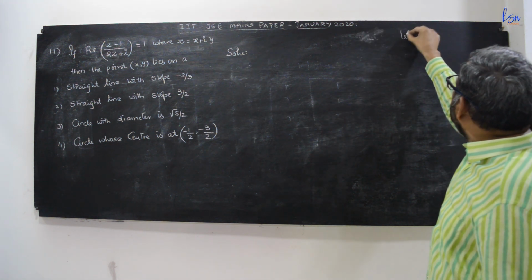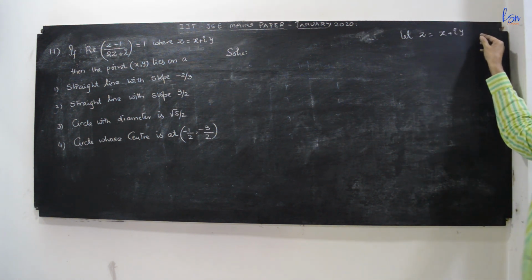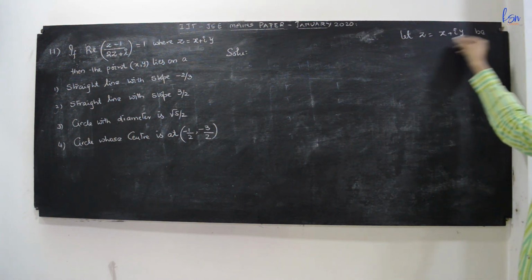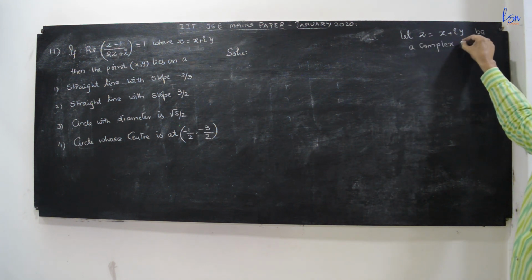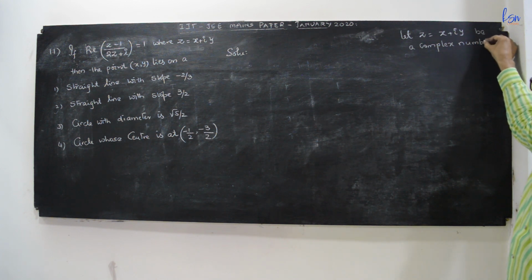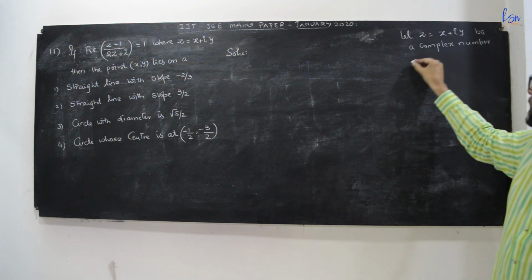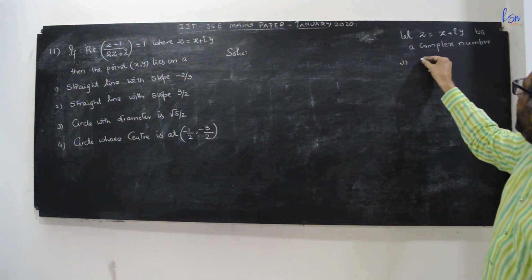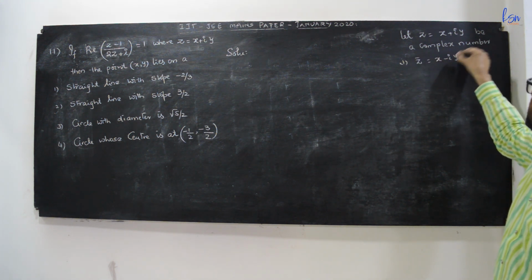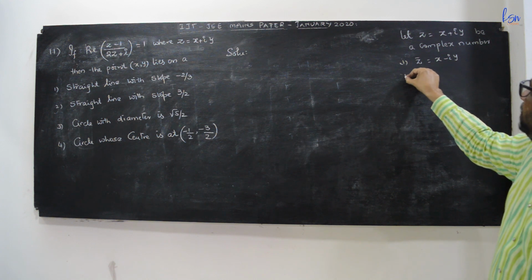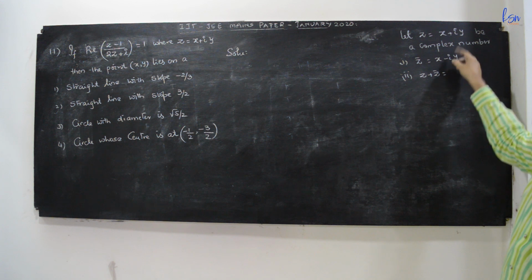Let z is equal to x plus iy be a complex number, where x comma y belongs to R and I is the imaginary unit. In this context, you can say z bar is equal to x minus iy, the conjugate of this complex number, and z plus z bar is equal to 2x.